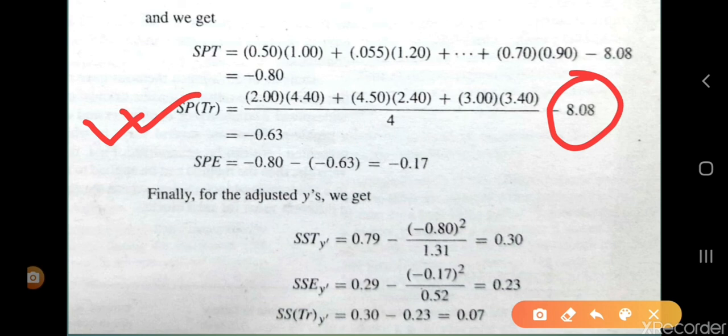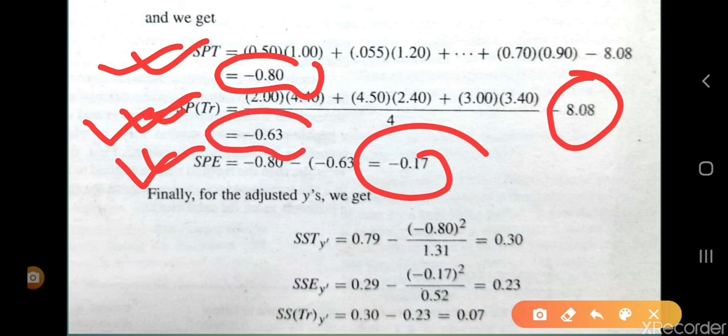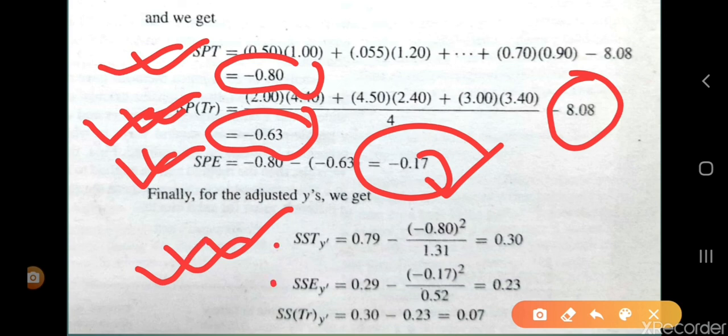Similarly the sum of product for error will be total sum of product minus treatment sum of product, that is minus 0.8 minus 0.63 will give us minus 0.17. So we will use these values to calculate the adjusted sum of square for total, treatment and error.